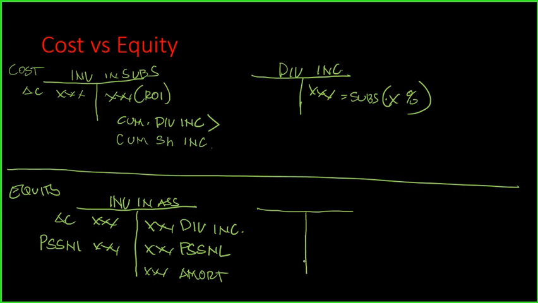Dapat ganito yung accounts mo. Investment in associates, you have here your acquisition cost, and then you have here your SNI. Just use SNI for the moment, no? And then you have here your dividend income, and then you will have a different account, equity on subsidiary net income.